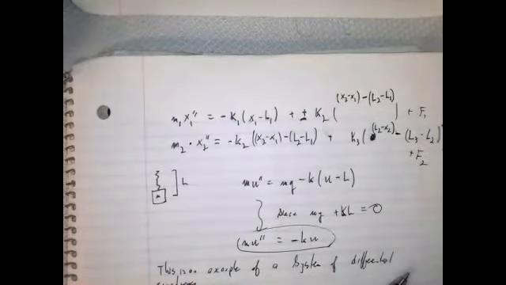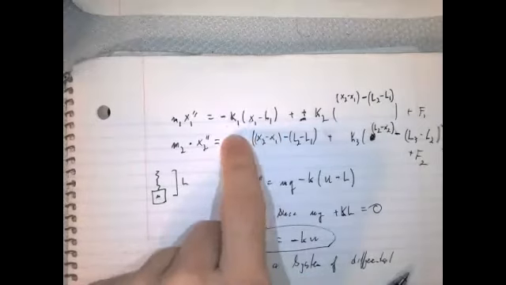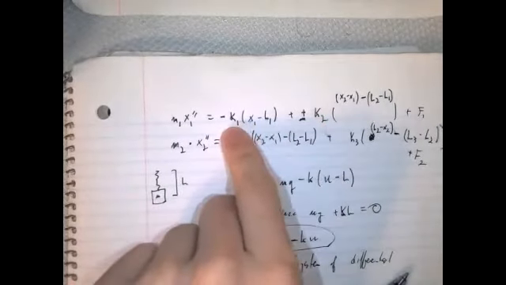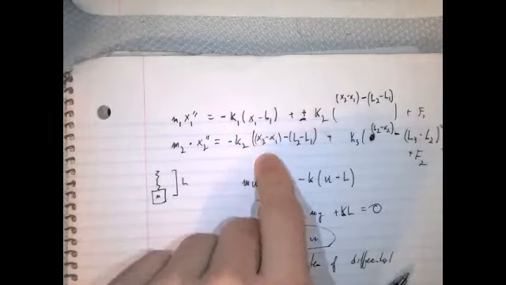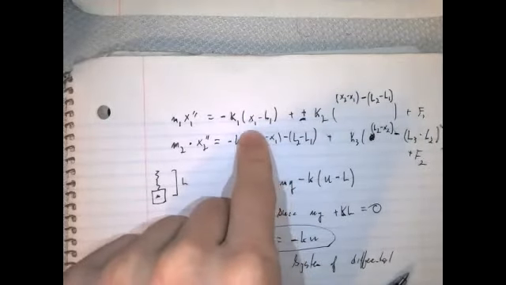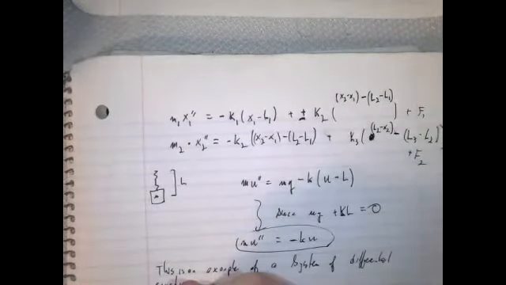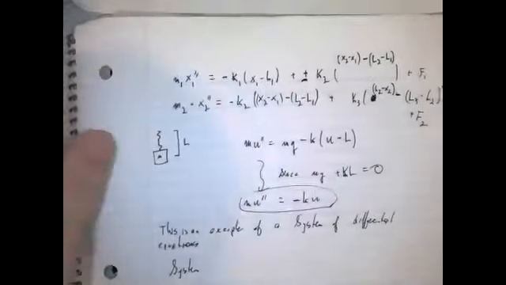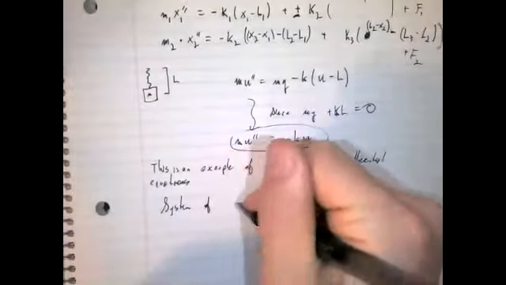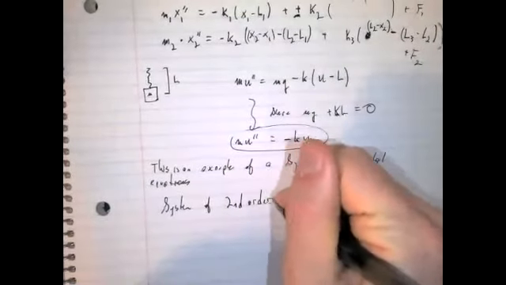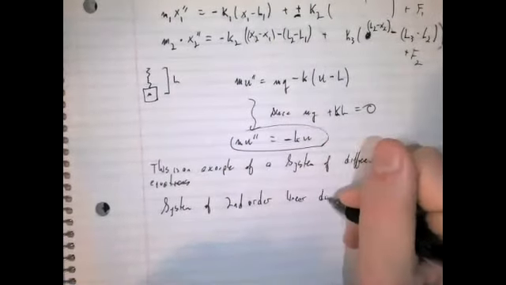Are these linear equations? Yeah, these are all linear differential equations because at the end of the day, when I multiply everything out, I'm only going to have constants times the zeroth derivatives of the xi's, and there are no first derivatives appearing. So this is a system of second order linear differential equations.